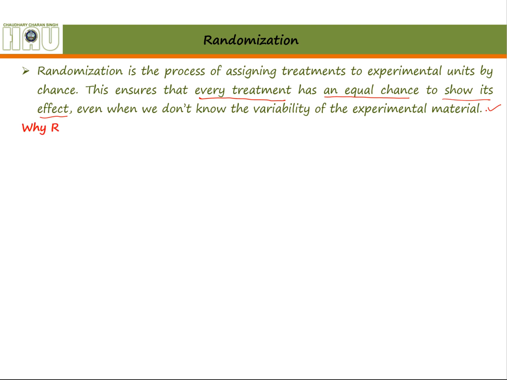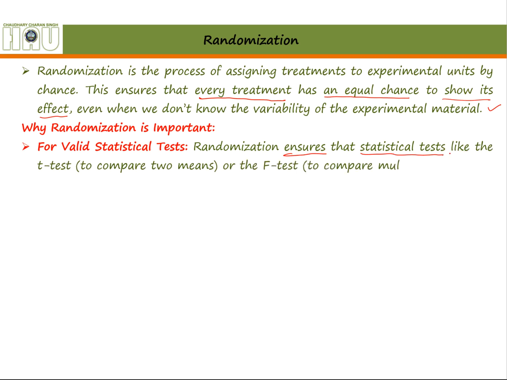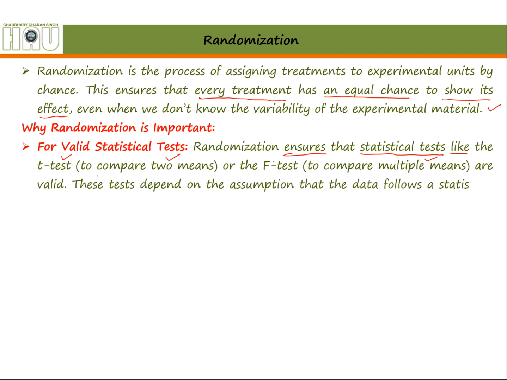Why is randomization important? Number one, for valid statistical tests. It is very much important. Randomization ensures that statistical tests, which I have already explained, like the t test to compare two means and the F test to compare multiple means, are valid.